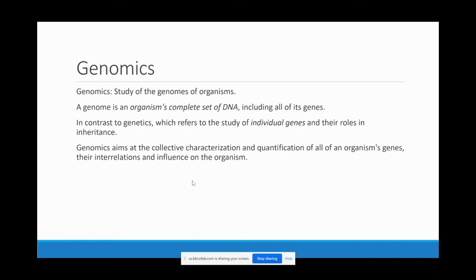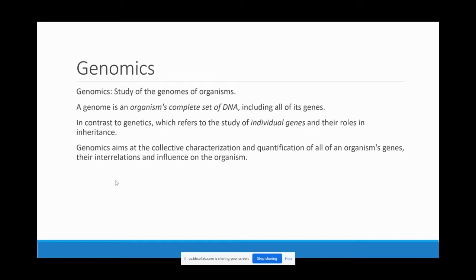Again, genomics, in contrast, is where you're taking an organism and you're profiling all of the genes that it has, and you're looking at those genes. The topics this aims to get at in genomics is you get to characterize and quantify an organism's genes.